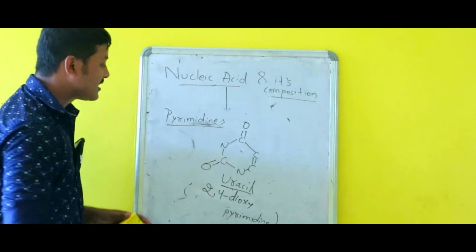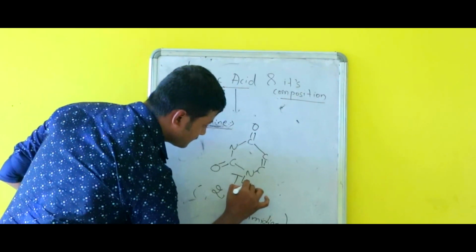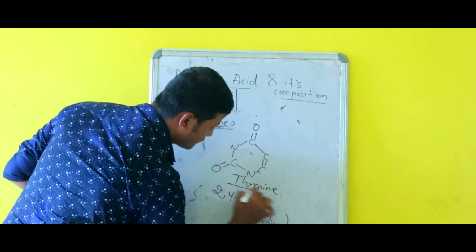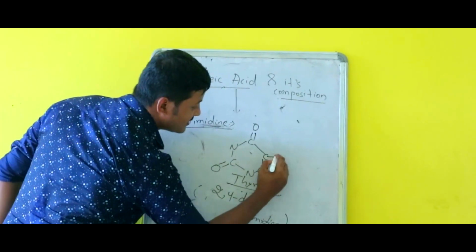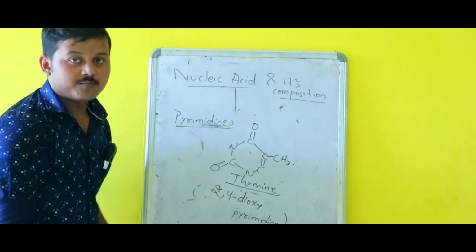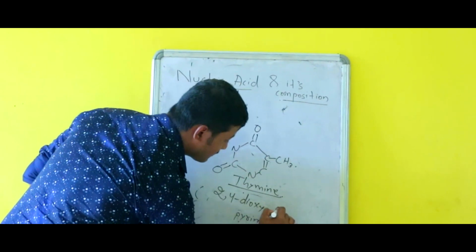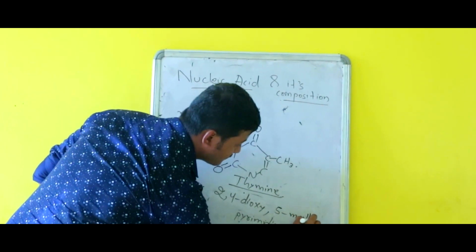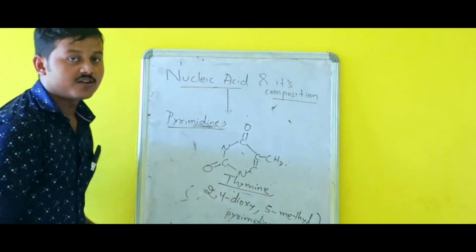Then comes the last pyrimidine compound, that is thymine. In thymine, a methyl group is present at the C5 position. That's why it is called 2,4-dioxy-5-methylpyrimidine. This is the basic structure of nitrogenous bases.